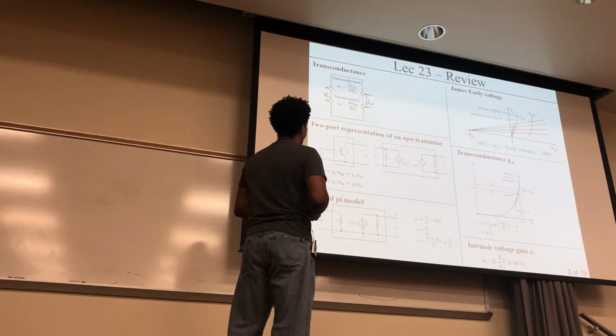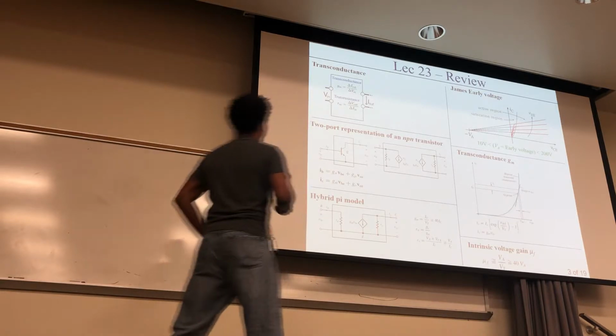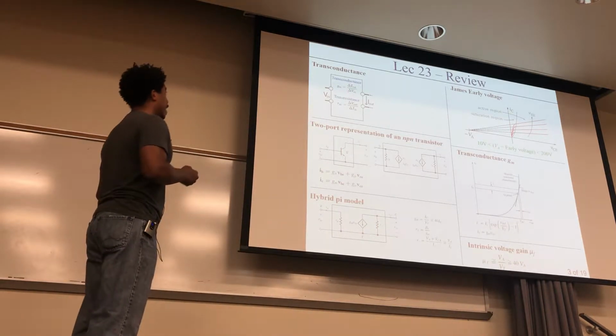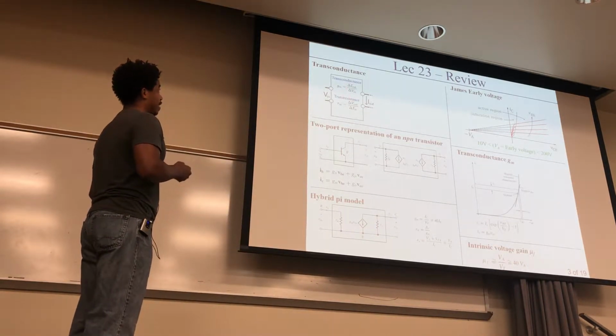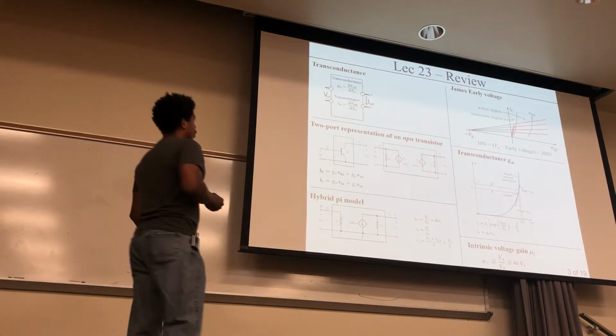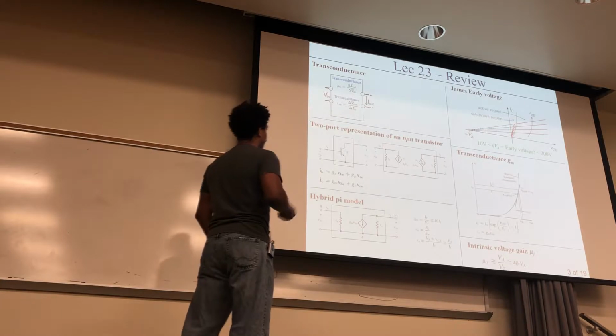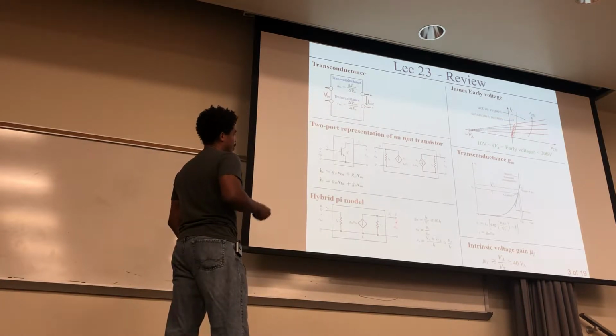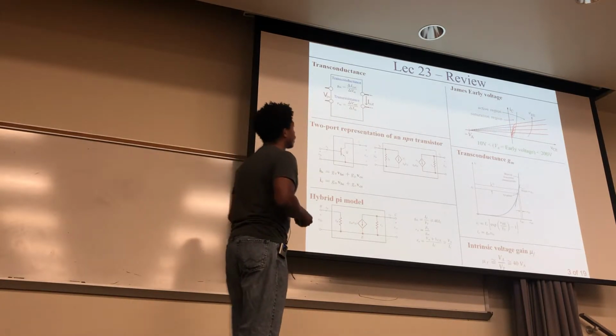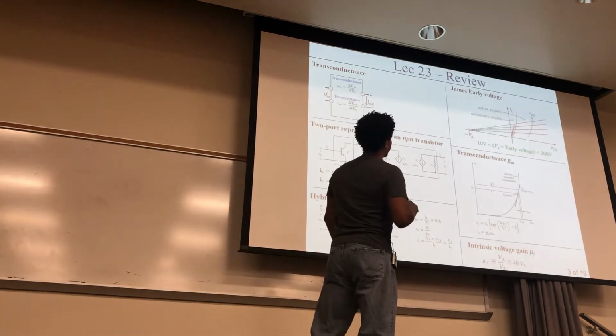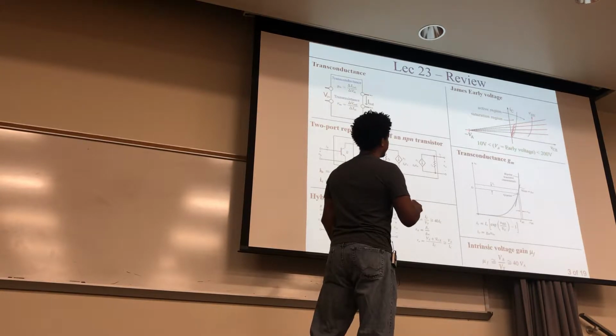For review of last lecture, we looked at transconductance and the difference between that and transresistance. We also looked at a two-port representation of an NPN transistor, and we looked at the hybrid pi model, which is the most common model that you'll see in papers. We also looked at the early voltage right here. It's the voltage that these all project to, as if they were straight lines and didn't curve down right here.